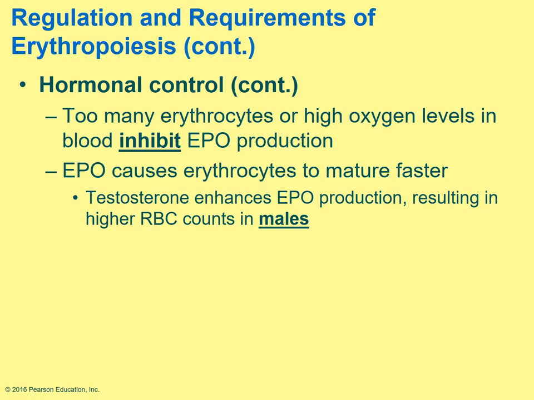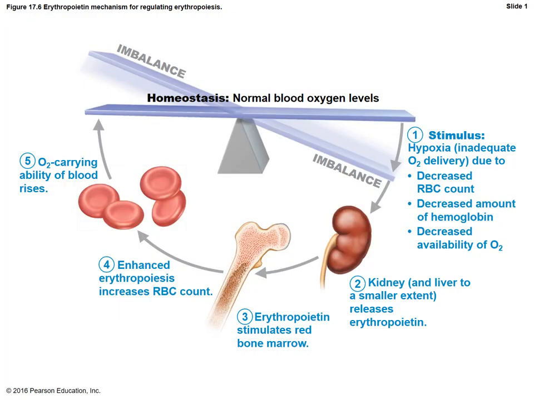No. Just slow it down a bit. Testosterone does enhance the EPO production, so that's why red blood counts are higher in males than in females. So this is showing, as you've seen before, this trying to maintain homeostasis, and the amount of red blood cells is going to be related to the blood oxygen levels.